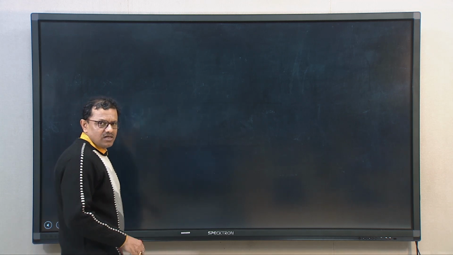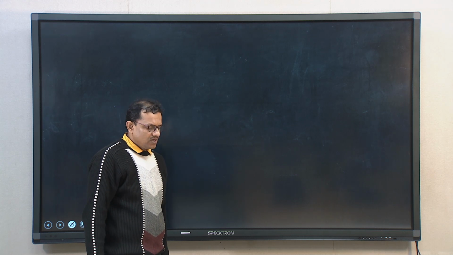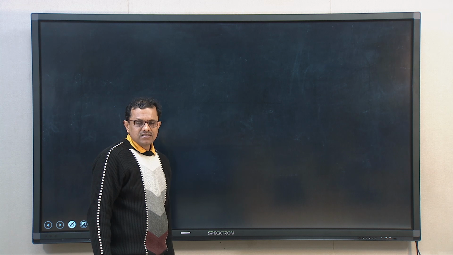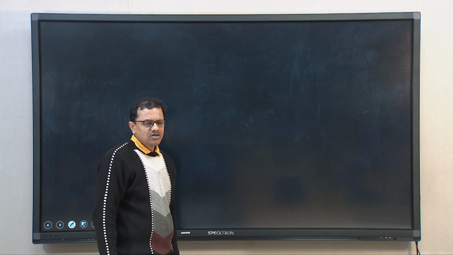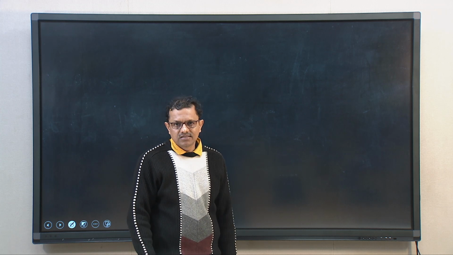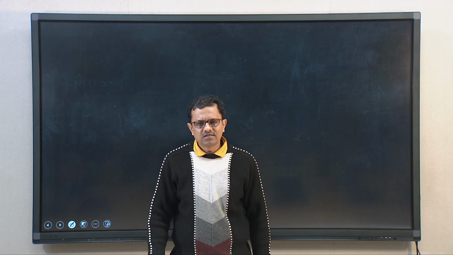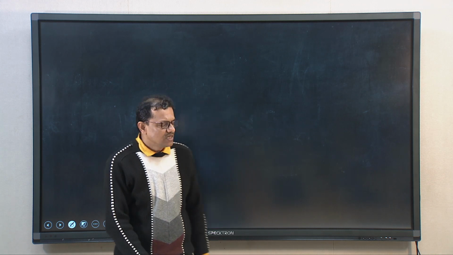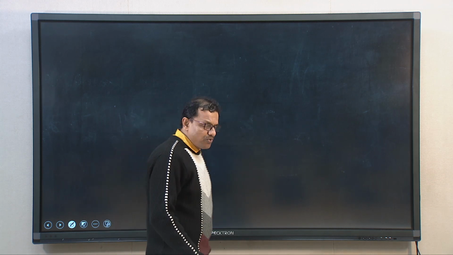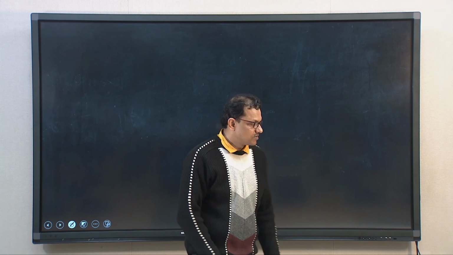Though we have discussed these things in our previous classes. So, what we write that most of the electronic or electrical components are surface mounted devices. So, most of the electronic components are these surface mounted devices or surface mounted components.